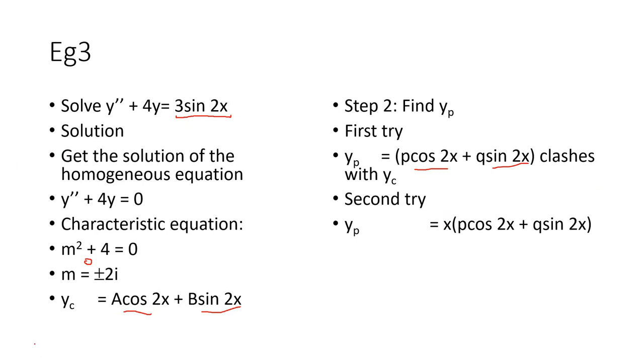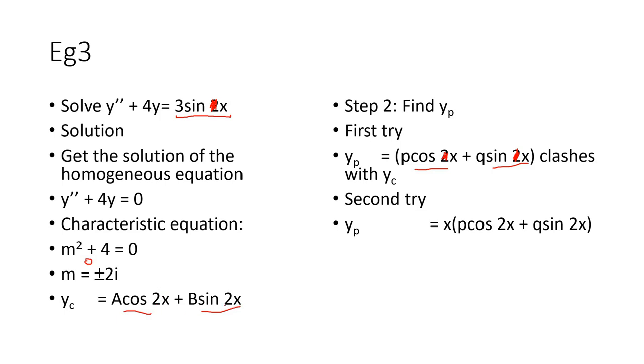Okay, for example, let's say the right hand side is only like here, 3 sin 1x. Then you should choose your yp, p cos 1x, q sin 1x. Then you check your yp and yc. Is it the same term or not? What I mean by same term, if yp is cos 1x, sin 1x, then yc must also be cos 1x, sin 1x.